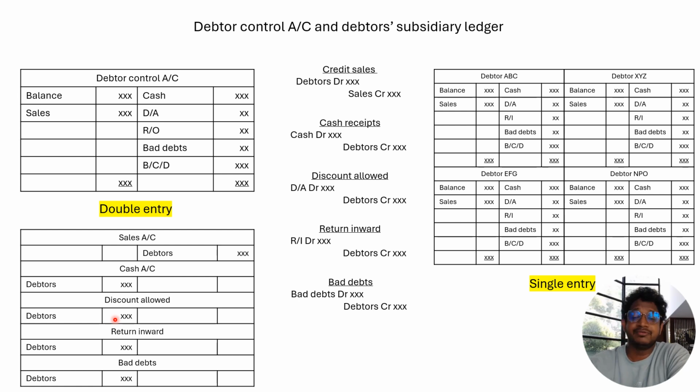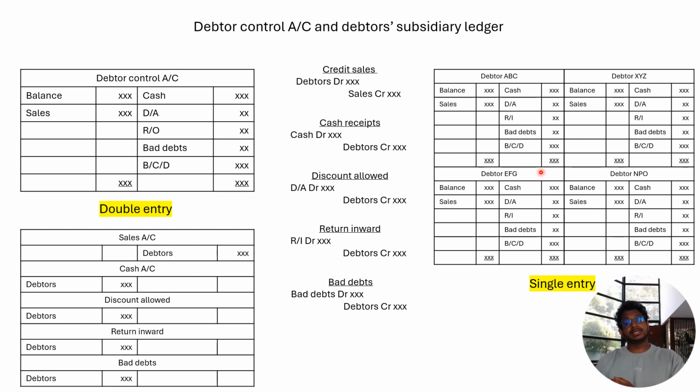To record that, we record individual accounts for each debtor in a separate ledger, what we call the subsidiary ledger, right? So in the debtor subsidiary ledger, we maintain an individual account for each debtor like this. So the main ledger has double entries. Debtors debit, then the other account credit. Debtors credit, then the other account debit, right?